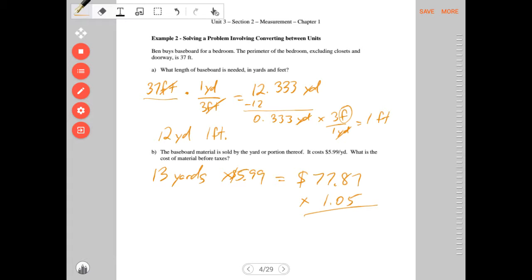However, if you lived in Saskatchewan or BC or pretty much anywhere else, you have a provincial sales tax as well. Some places have a combined sales tax, so just one straight number. Anyways, we live in Alberta, so we times by 1.05. So after taxes, that would work out to $81.76. However, for right now, it's saying before taxes, so $77.87 is how much we would have to spend.